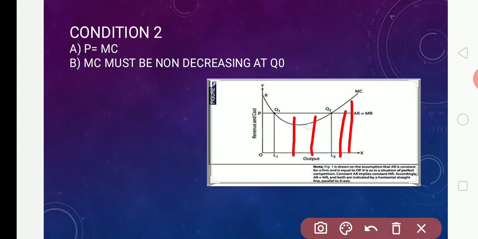Here at Q1, you can observe, actually this is Q1, 2, 3, 4, 5, 6.